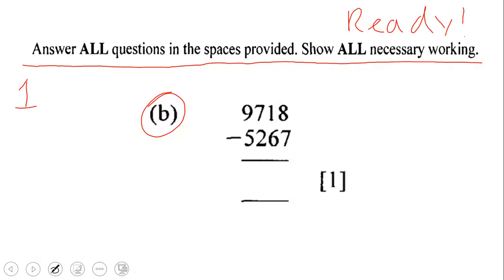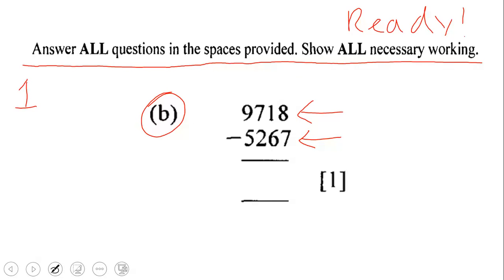It wants us to subtract 9,718 and 5,267. Now, some of you may be saying, instructor, this is just a subtraction problem, I already know how to do this.